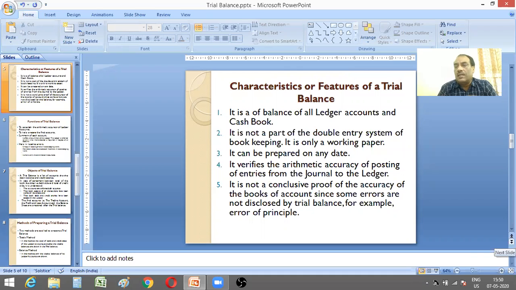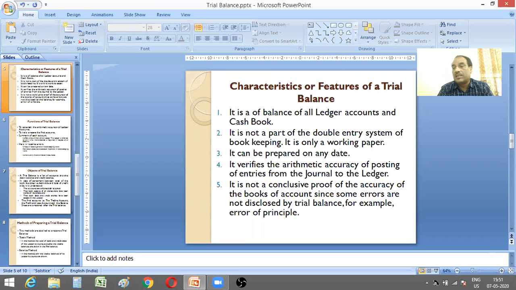Then a trial balance has certain characteristic features, certain attributes. The first is that it is a balance of all ledger accounts and the cash book. In the trial balance, we take the balances of all the accounts recorded in the ledger and the cash book.